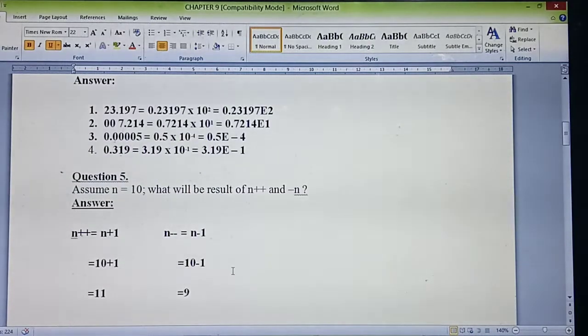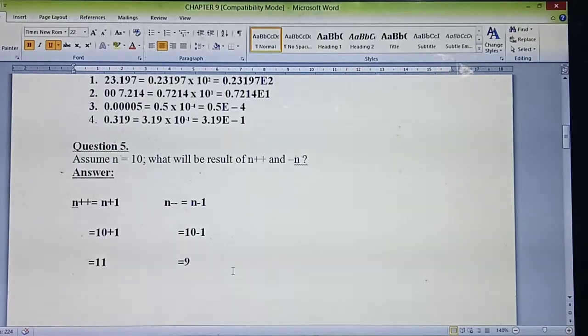Okay, then the fifth question, write it. The value is n equal to 10 and they are asking, what's the value of n plus plus and minus minus n? So write this down, okay. First write n plus plus, then n plus 1, 10 plus 1 equal to 11. Then below it, don't write the same thing. After 11 you write n minus minus, meaning n minus 1.